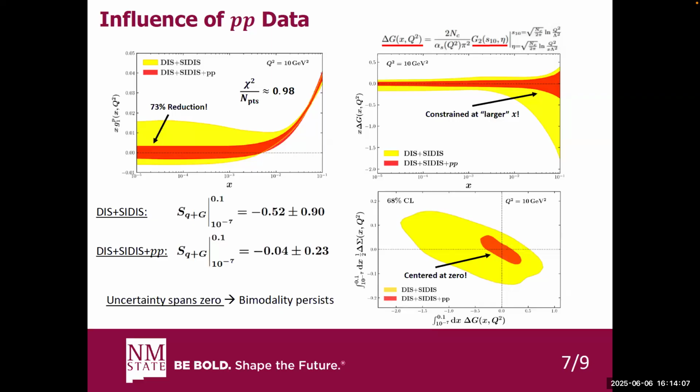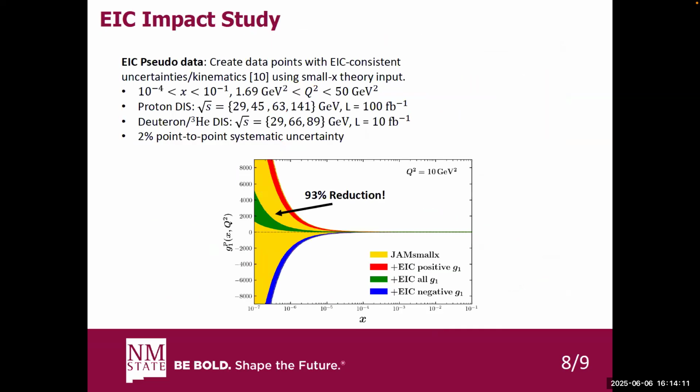We've constrained the overall uncertainty, but we still get solutions growing positive and negative. And that's where something like the EIC comes in. We're able to construct EIC pseudodata, where we essentially just take our theoretical results and take a look at the EIC yellow report, and we know approximately what kind of uncertainties and smearing and kinematics the EIC will provide. So we essentially take our theory and apply that kind of smearing and treat that as new data and try fitting that again.